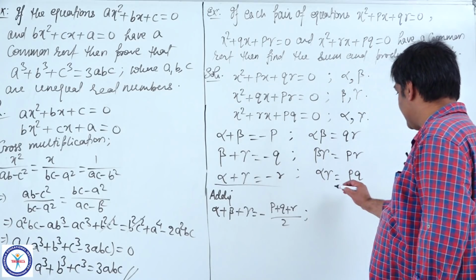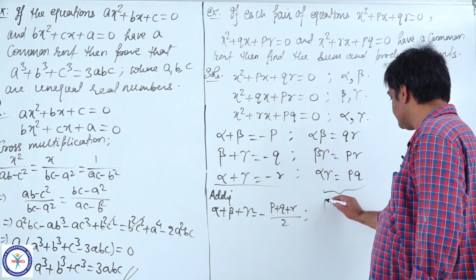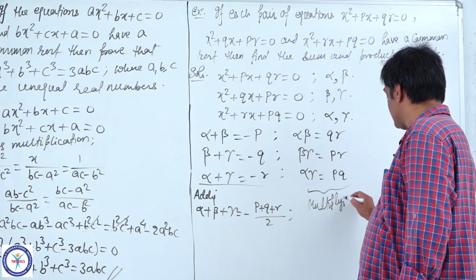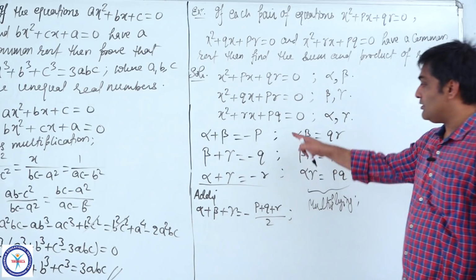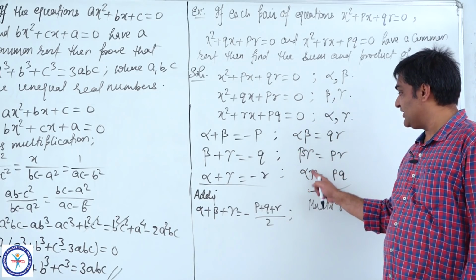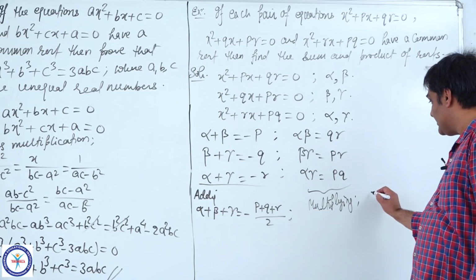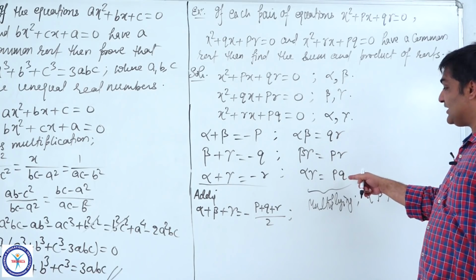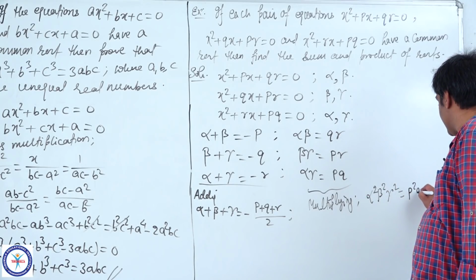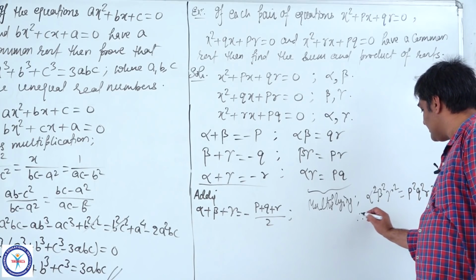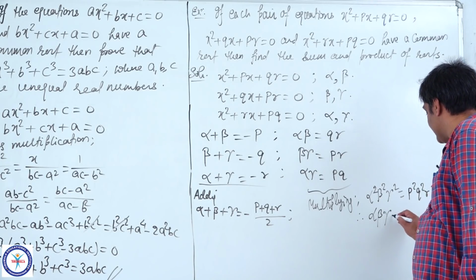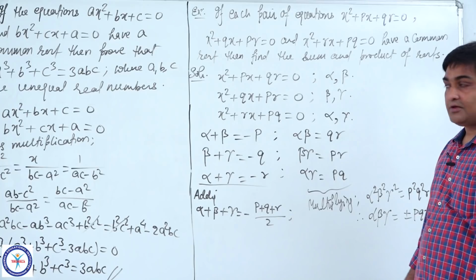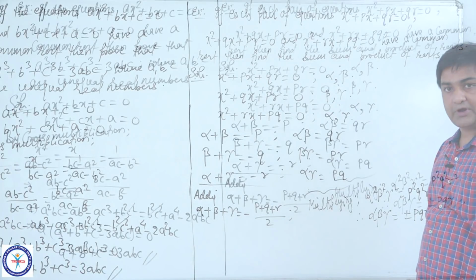And if we multiply these three, beta twice, alpha twice, gamma twice. So it is alpha square, beta square, gamma square. Also it is p square, q square, r square. Therefore, alpha beta gamma is plus minus pqr. This way we can solve. Okay?